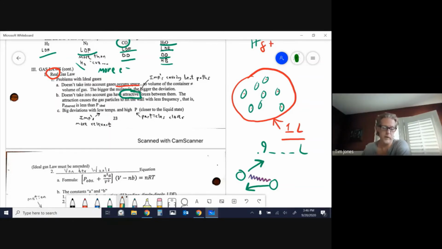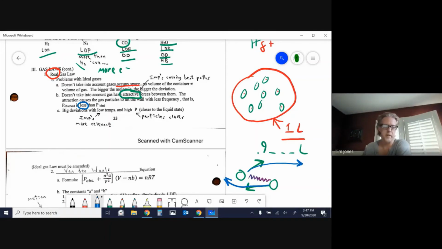And so we don't account for the fact that they're likely going to have a slight attraction, which will cause their paths of motion to not be perfectly straight line, but bent paths. What will happen is this top one, because of a slight attraction, won't go straight. It'll end up curving off a little bit. And this bottom one will end up curving off a little bit up. And that ends up causing pressures that are less than what we would normally predict.